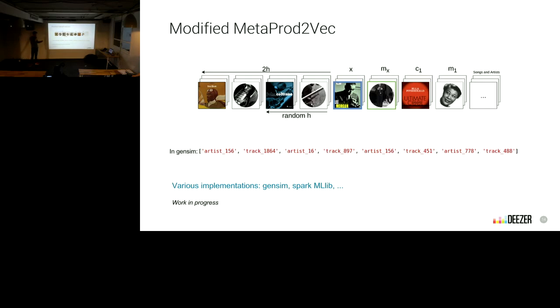Here we can see that if you double the window size and you insert the artist ID in between each track, then if you pass this to GenSim, you'll have your slightly modified Word2Vec implementation. In our experiment, we saw that this doesn't hurt performance, so it's a very efficient way to implement this algorithm.